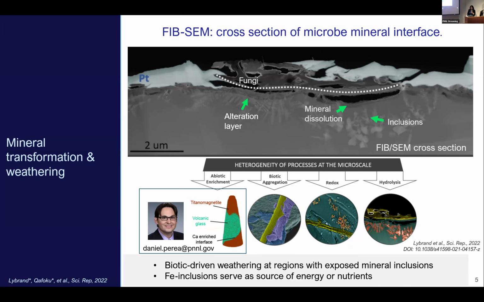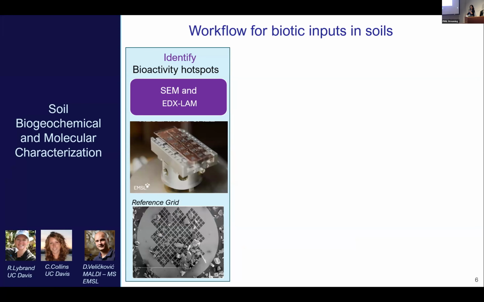But as we have talked about often here, one technique alone might not be enough to determine some very important processes, especially, as Angela was talking about, the type of organic carbon we have there. So we are now working with a few users, Rebecca Librand and Cassie Collins, and also collaborating with Dushan.